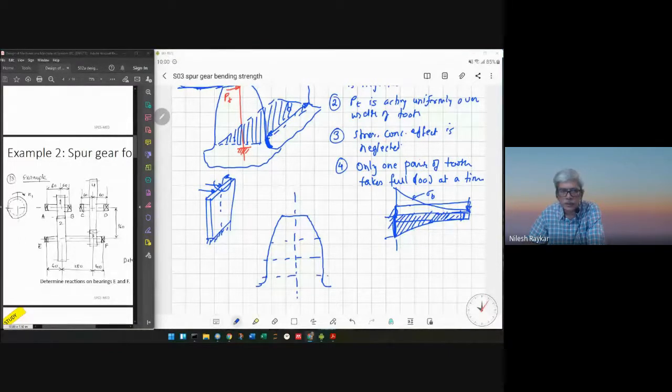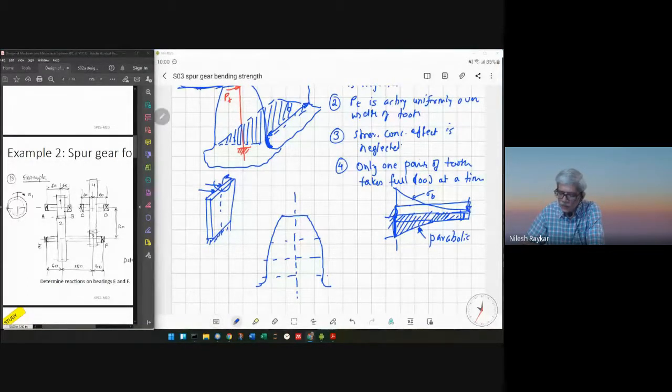That's his assumption. For that assumption, he has to fit a cantilever beam of uniform strength within the gear tooth. We can prove that for making a beam of uniform strength, this particular profile has to be parabolic. That can be shown, and you can also derive it very easily.